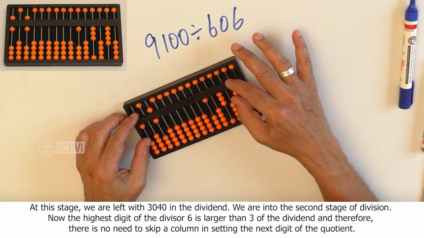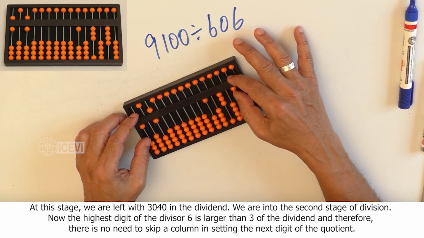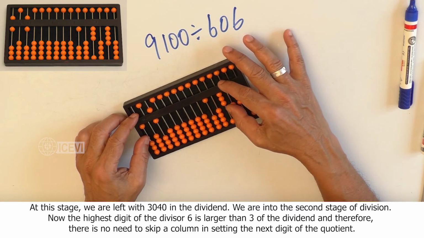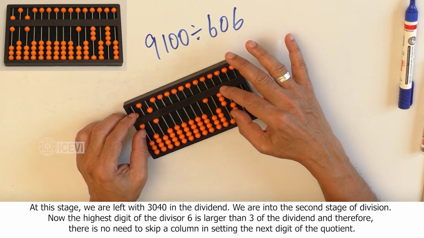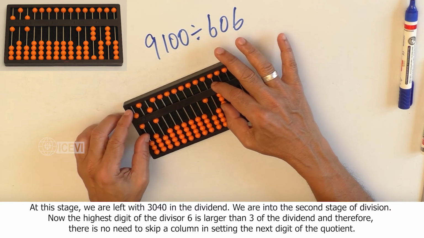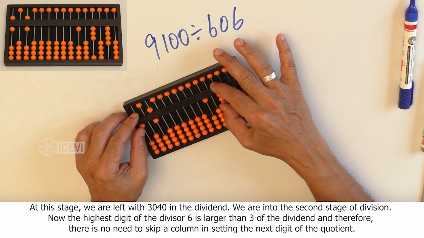We are into the second stage of division. Now the highest digit of the divisor 6 is larger than 3 of the dividend, and therefore there is no need to skip a column in setting the next digit of the quotient.